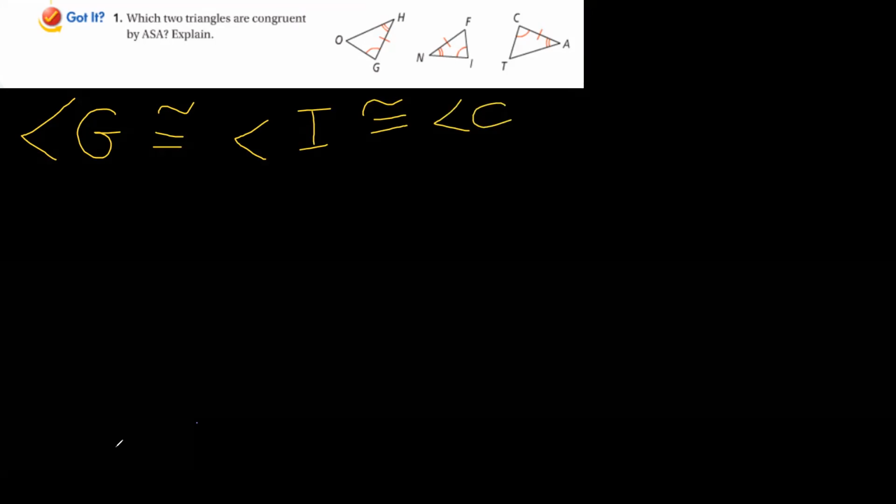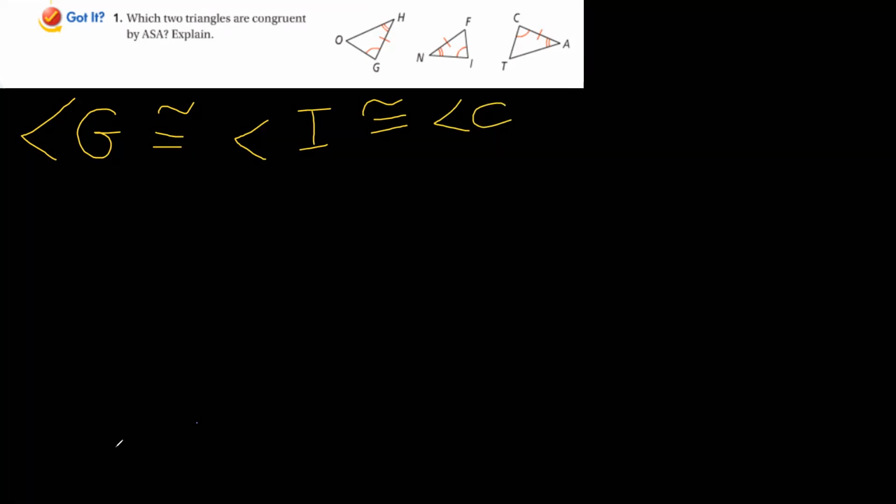Look at the first one, angle G is congruent with angle I is congruent with angle C. Is it right? Yes. G and I and C.